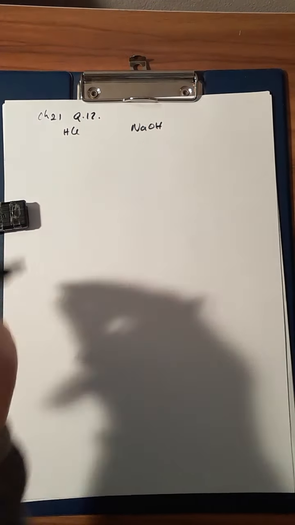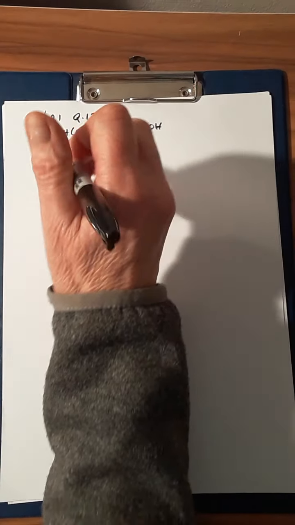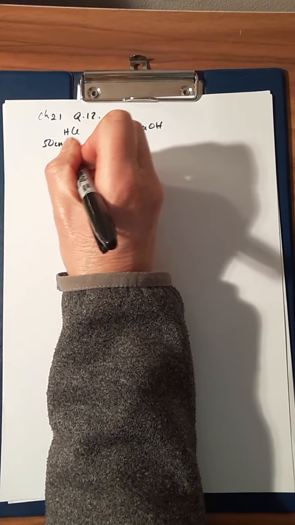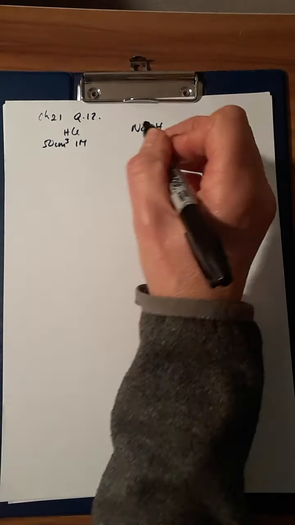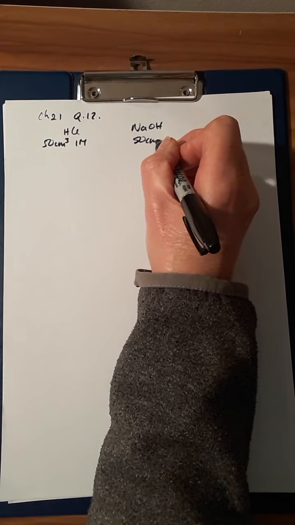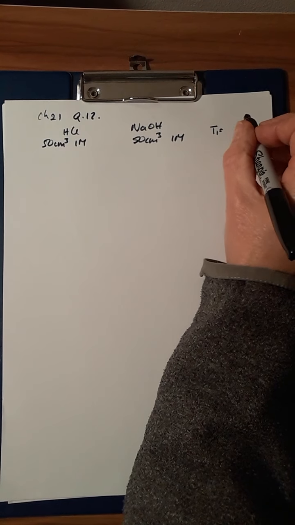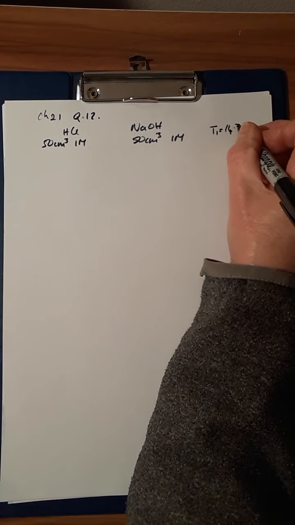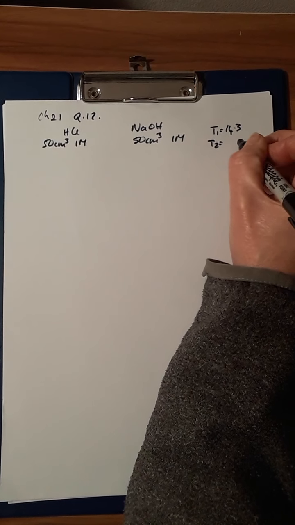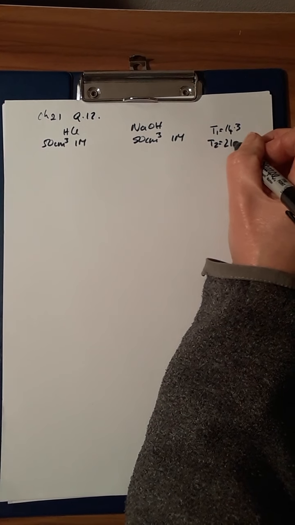And the question tells you that 50 centimetres cubed of a 1 molar hydrochloric acid solution was reacted with 50 centimetres cubed of a 1 molar base solution. Now, the initial temperature, so at the start, was 14.3, and at the end, the temperature was 21.1.